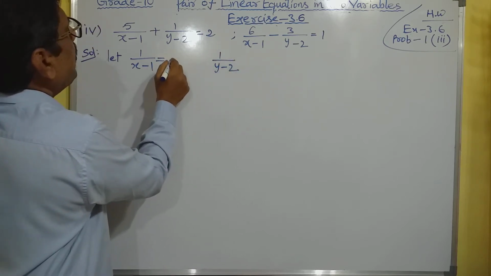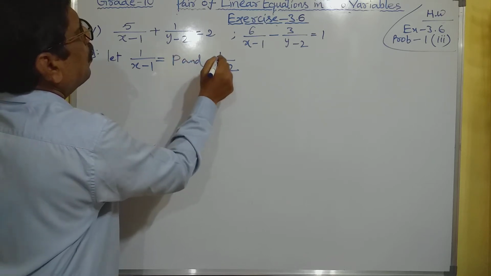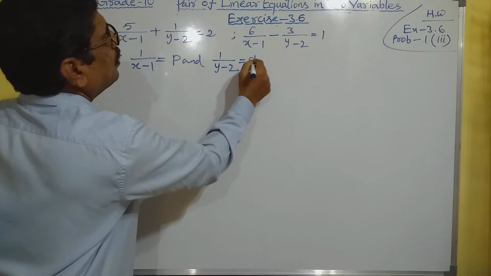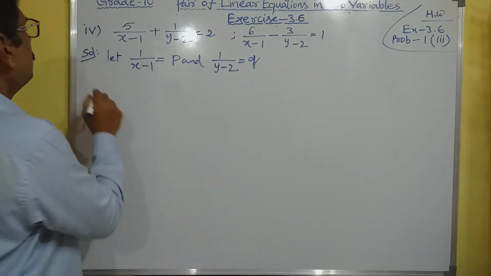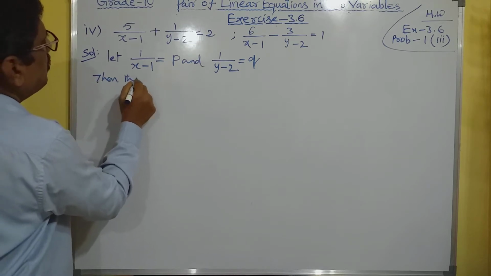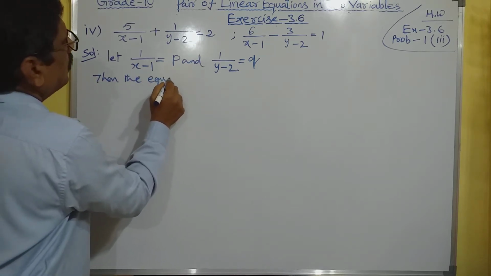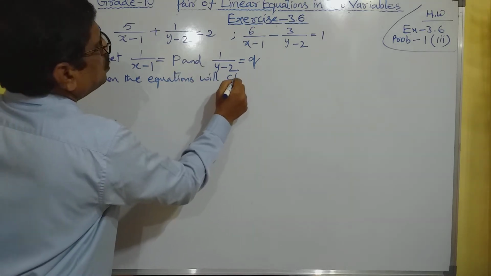Let us take 1 by x minus 1 is equal to P and 1 by y minus 2 is equal to Q. Now, therefore, the equations will change.